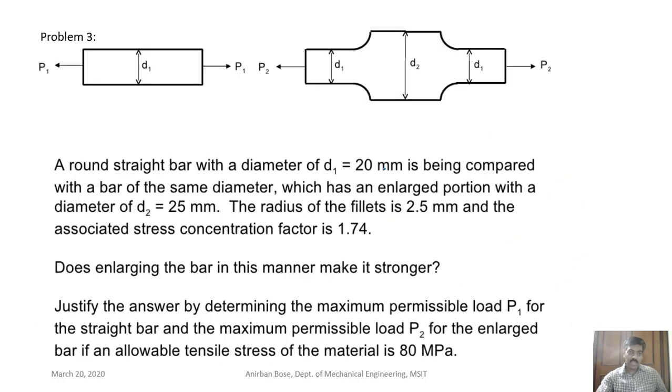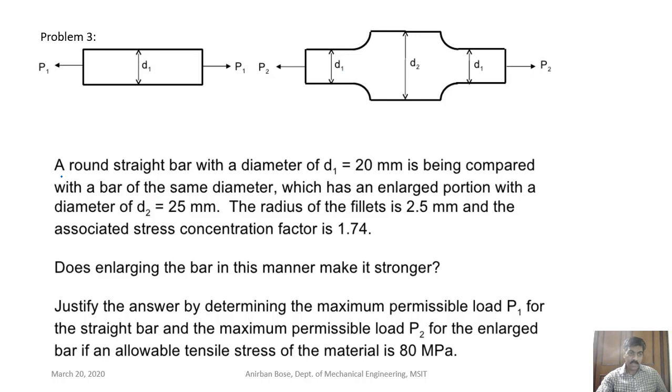now there is another problem. This is the third problem, and here you can see there is a round bar with no stress concentration present, loaded by P1. Here is another bar where two fillets are there, loaded by P2.